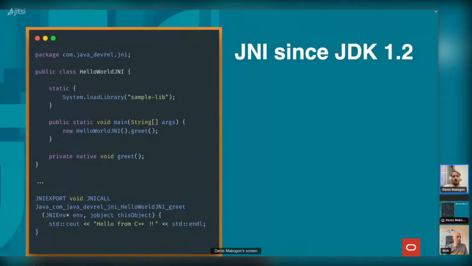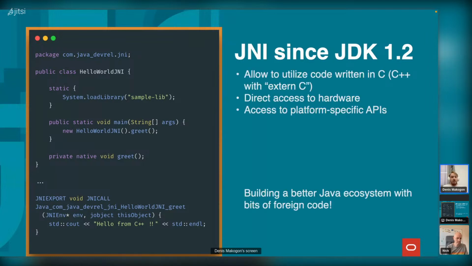So today, I'd like to talk about building Java applications with native code using Project Panama. We're pretty short on time, so let's get to the point. For quite a long time, developers have been using a technology called Java Native Interface, a solution that allows bringing native code into Java applications.